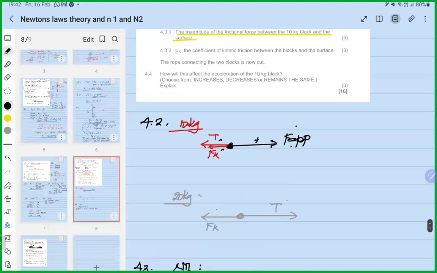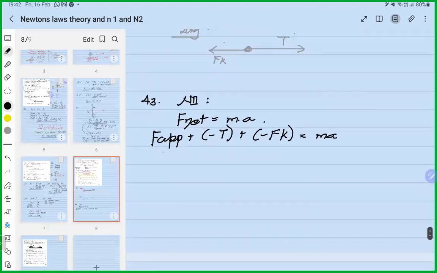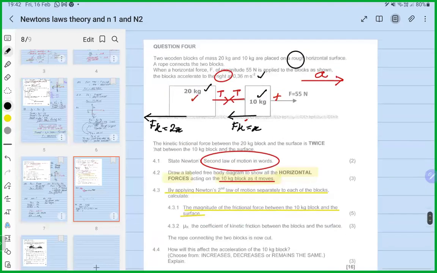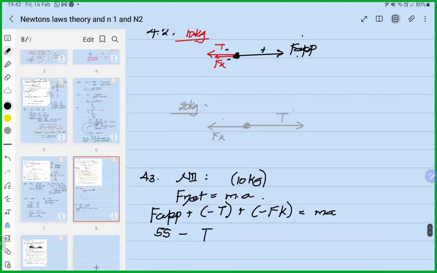Do we know the applied force? Yes, we do. 50. Do we know the tension? No, we don't. Sorry, this was Newton 2 for the 10 kilogram. So 50 minus T minus Fk.